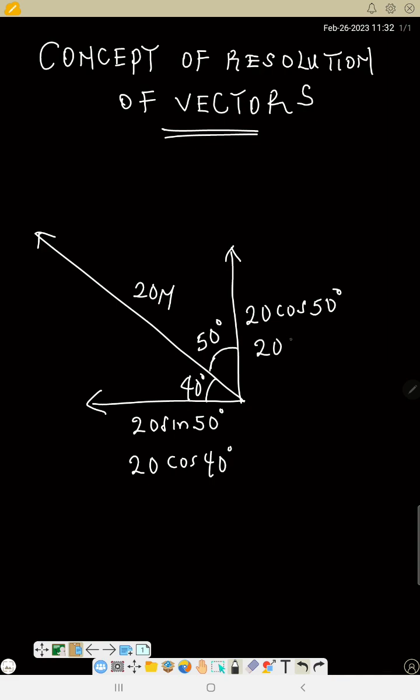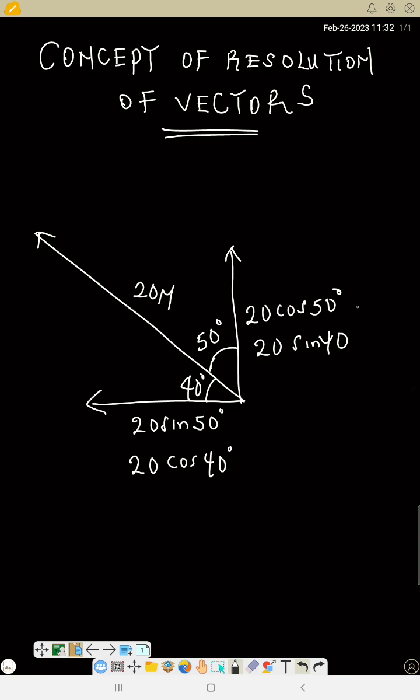This place will now be 20 sine 40. So any angle you use, you will get the same answer. Just note that the angle you are using, anywhere it touches, is cos. The other side will be sine, so that you will not be doing SOHCAHTOA every time in vectors.